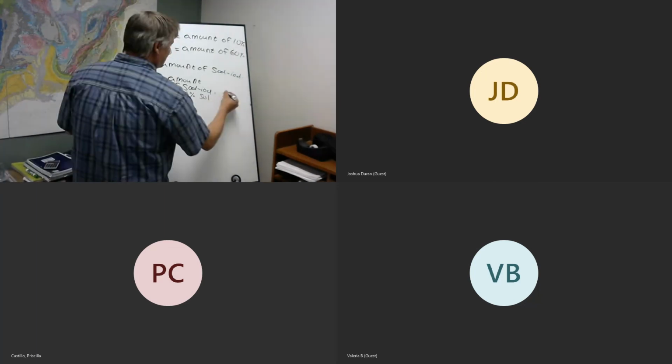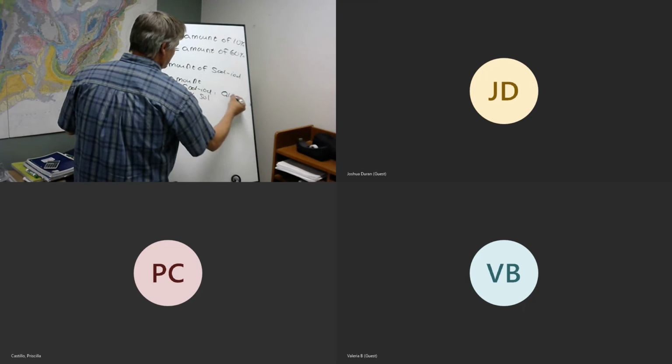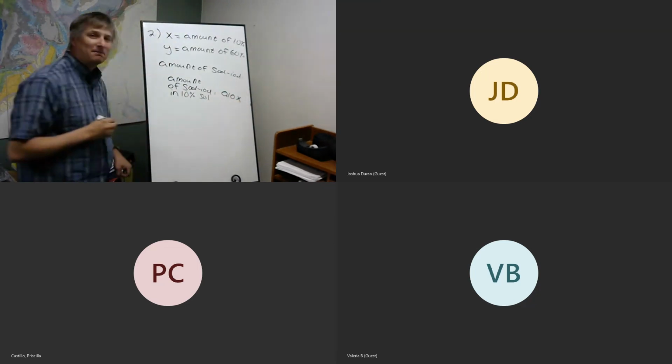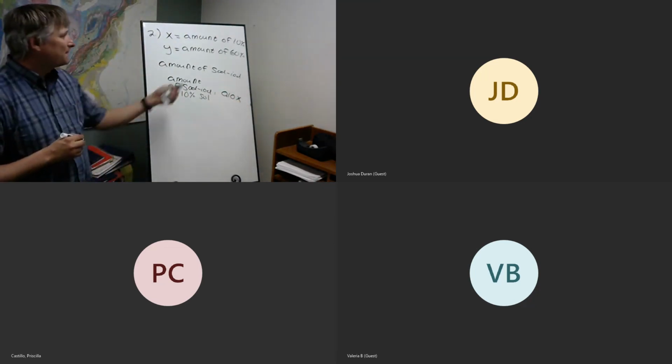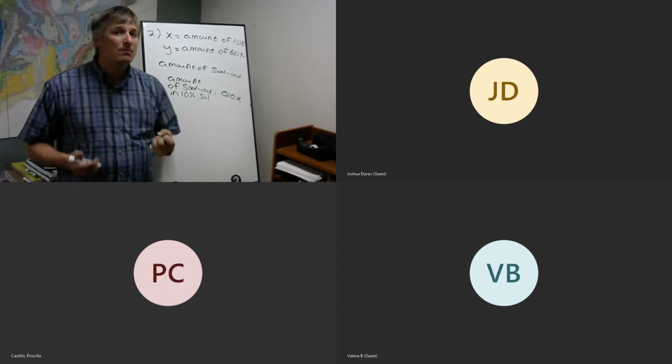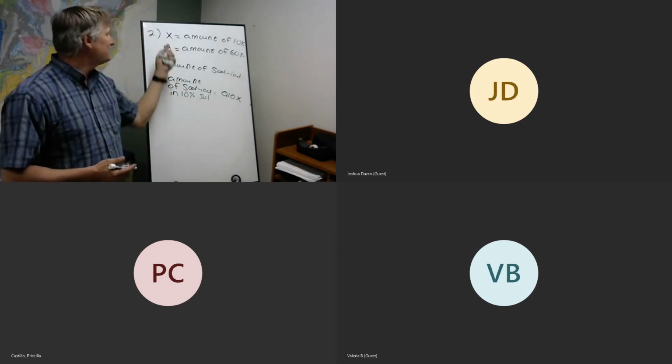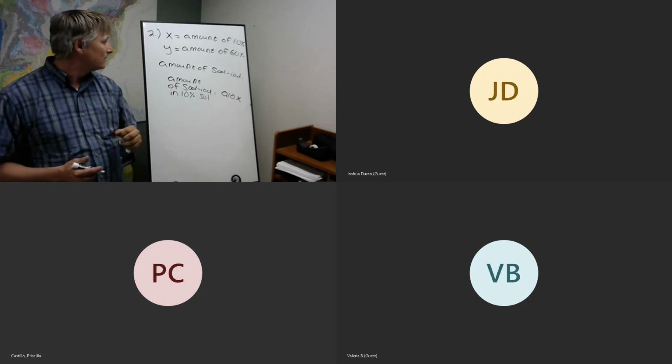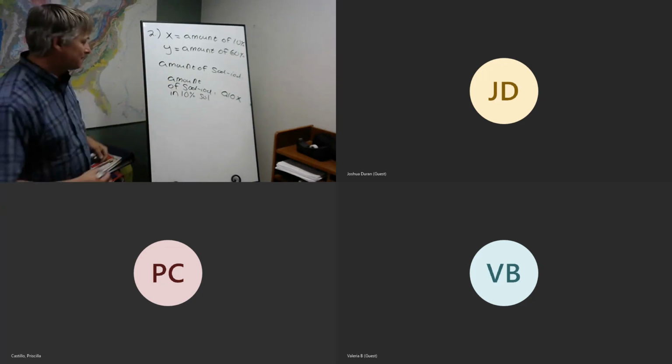So we'll take the concentration, multiply by the amount, and that tells us how much sodium iodide is in this amount. Same thing for the 60%.